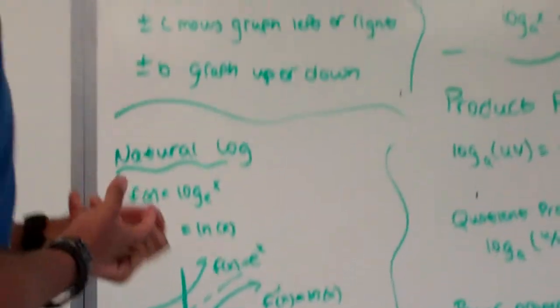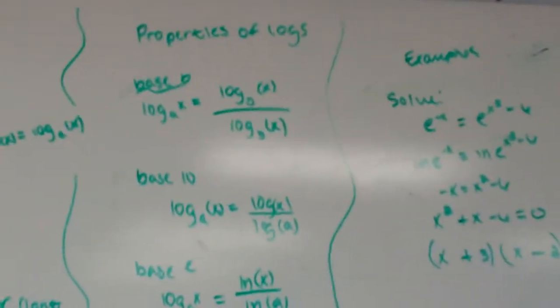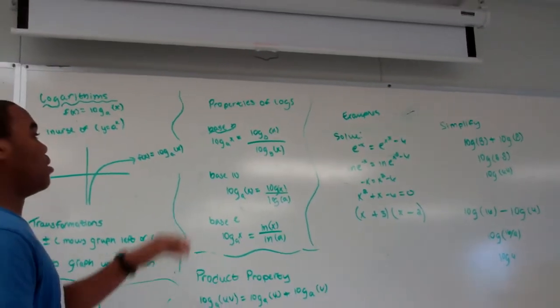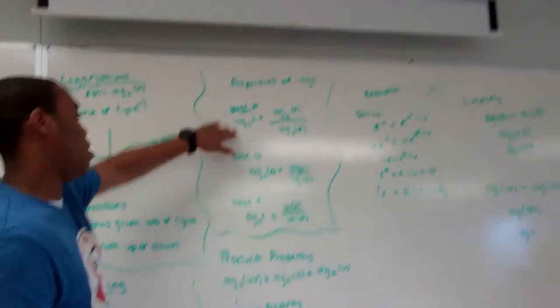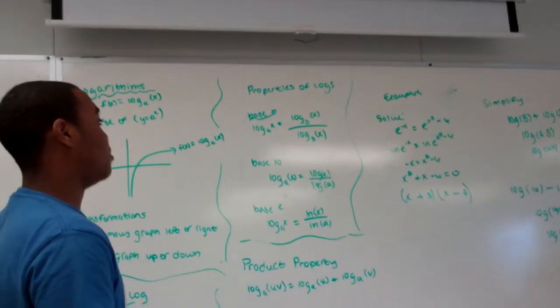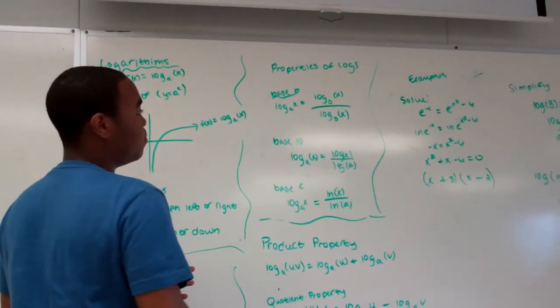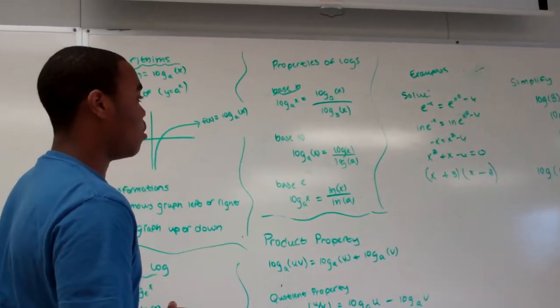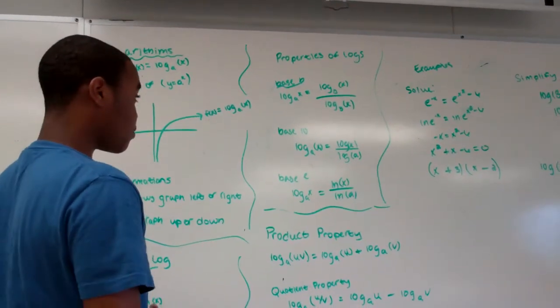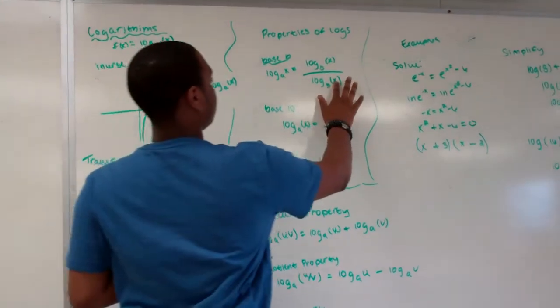And going over to the properties of logs, when you have a base b, for the standard equation log base a of x, it will be log base b of x divided by log base b of a. I'm sorry, actually it's a.